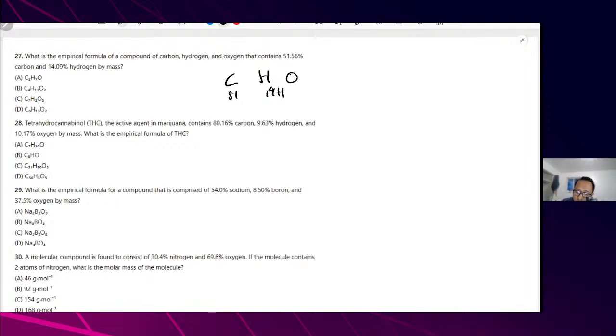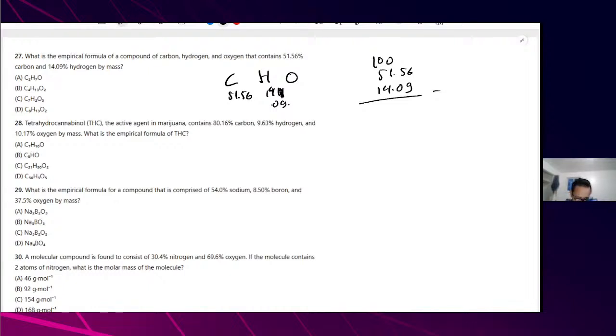So the rest should be oxygen, and getting the oxygen is pretty easy. Just 100 minus 51.56 and then minus 14.09, and then we will end up getting the answer.